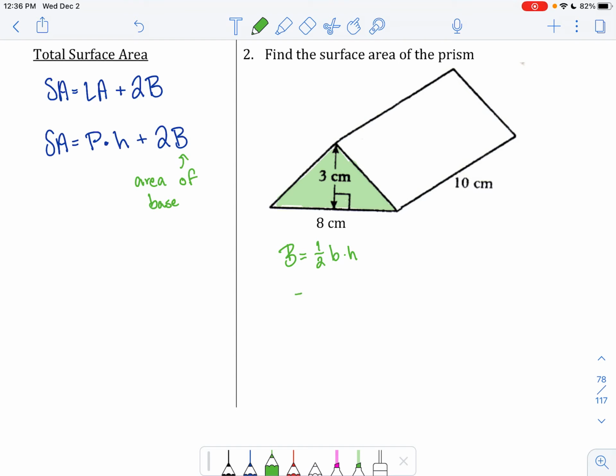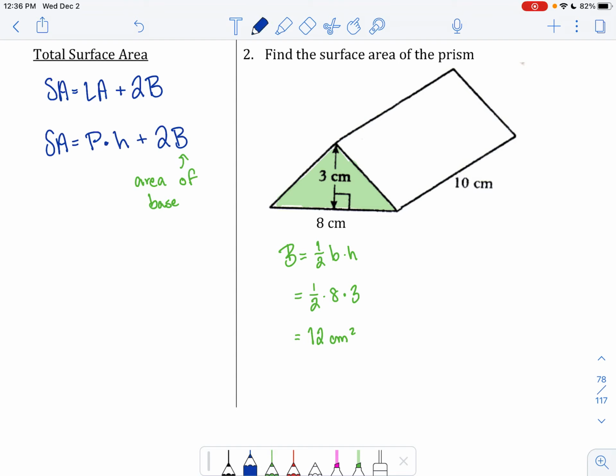In this case the base of this triangle is 8, and the height of the triangle is 3, meaning that the area of the base is 4 times 3, which is 12. If we want to include the unit, it's area, so centimeters squared.